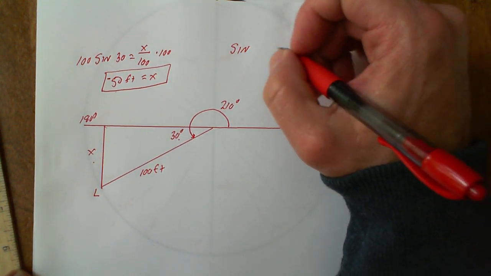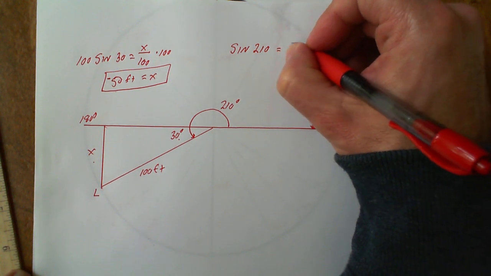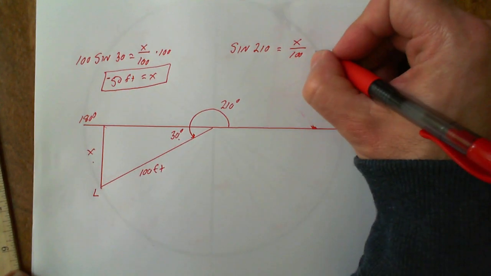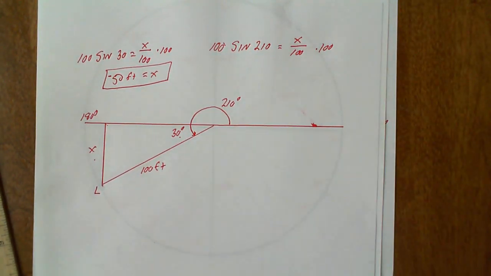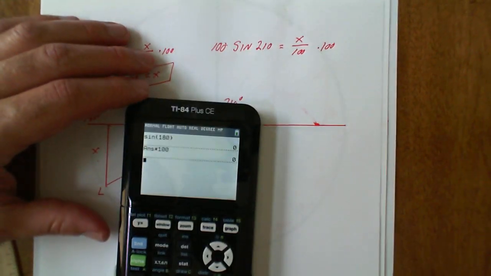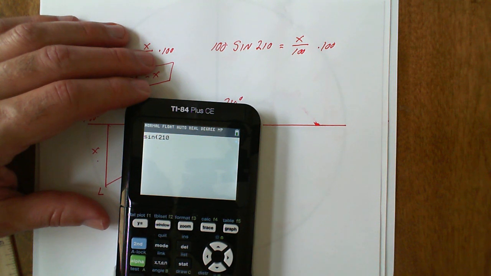Go ahead and try calculating that in your calculator. Sine 210 equals opposite over hypotenuse. Multiply both sides by 100, and let's calculate sine 210 times 100.